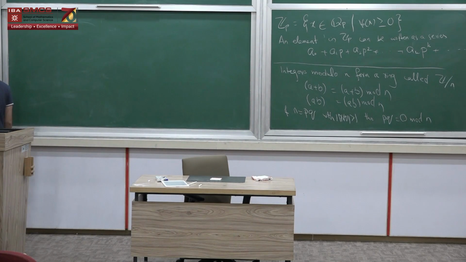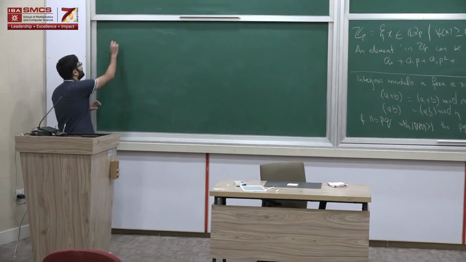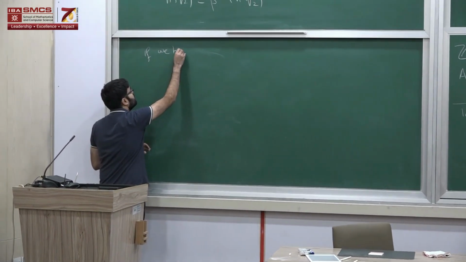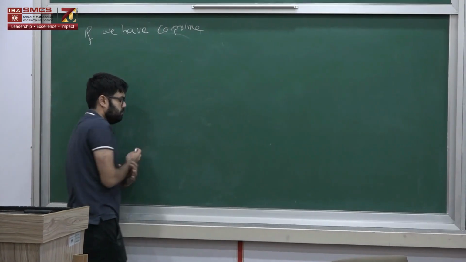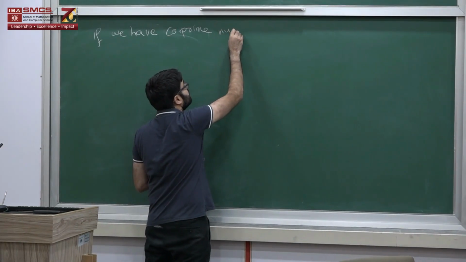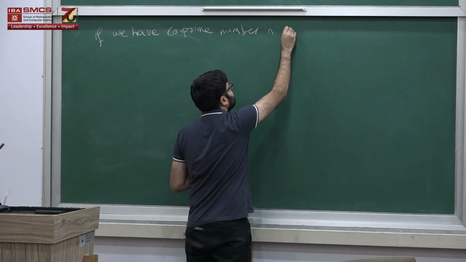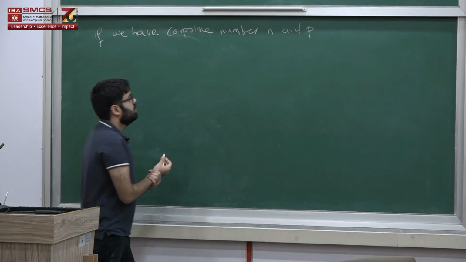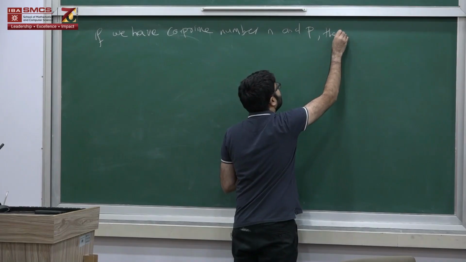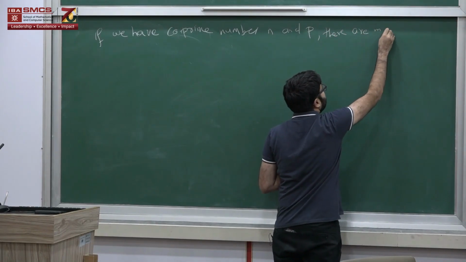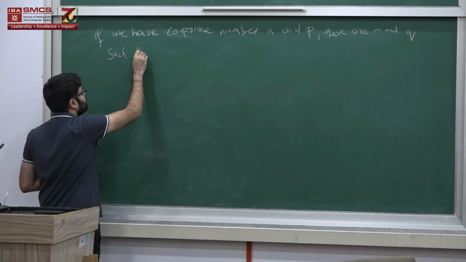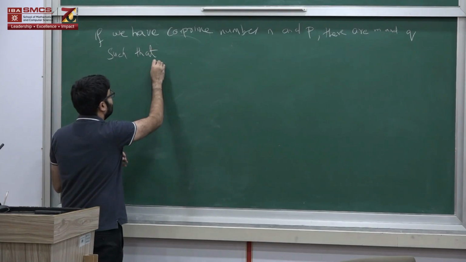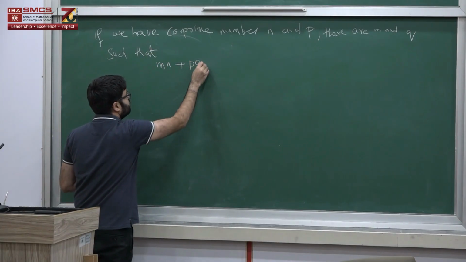And similarly, there is an identity, I think it is called Bezout's identity, which says that if we have coprime numbers n and p, there are m and q such that m times n plus p times q is 1.